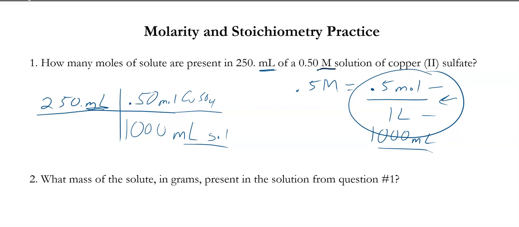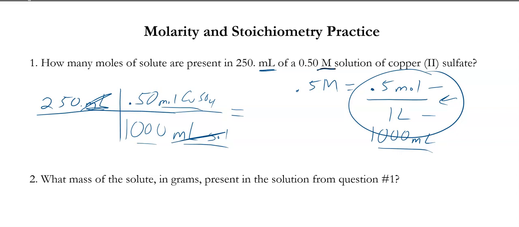So if we do this calculation, just like any dimensional analysis problem, we multiply the 250 times the 0.5 and divide by 1,000 milliliters. Our milliliters of solution cancel here. We're left with moles of copper sulfate, which is what we want.